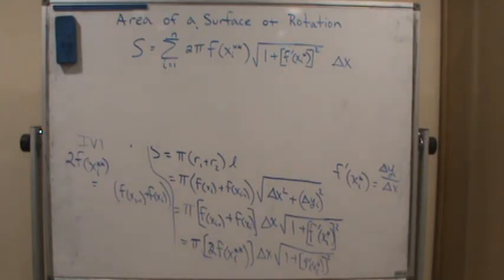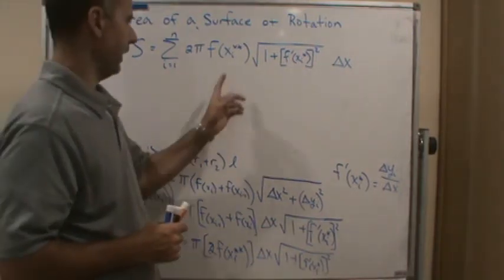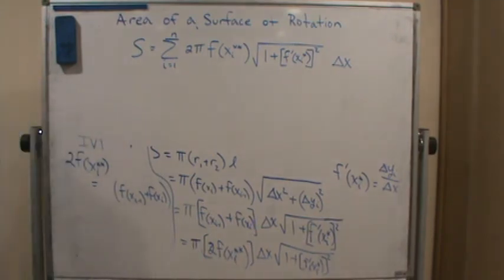Now, it almost looks like a Riemann sum, except we're evaluating the function at 2 different points over the same interval. Okay, so how are we going to do that? Now, although we don't examine the details here, it turns out that because f of x is smooth, if we let n approach infinity, the limit works the same as a Riemann sum, even with the 2 different evaluation points.